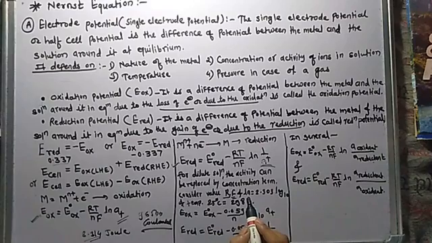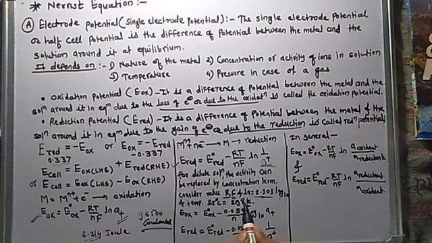We also consider the value of ln: ln is equal to 2.303 log to the base 10. And we consider the temperature at 25 degrees Celsius; in Kelvin, adding 273, we get 298 Kelvin.